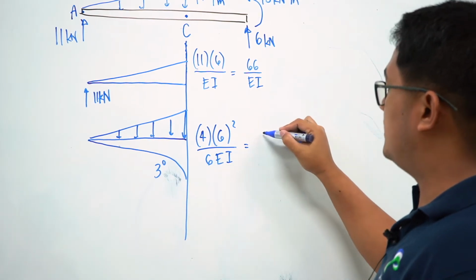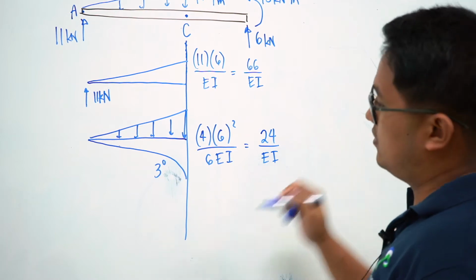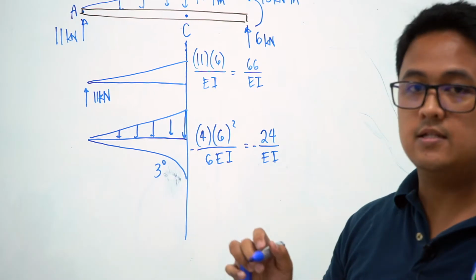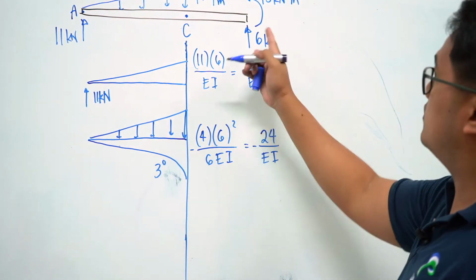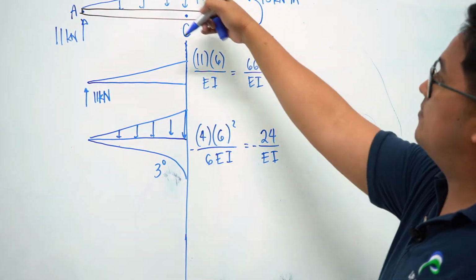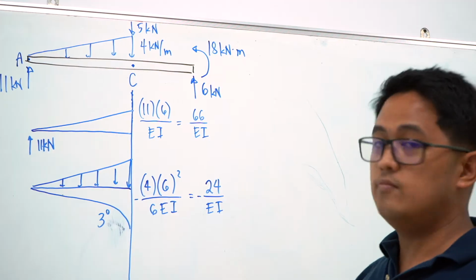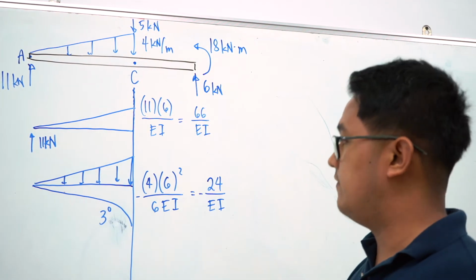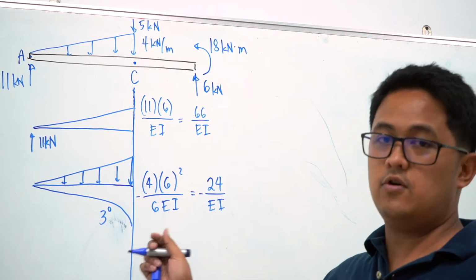So simplifying, this is 24 over EI, but take note that this will induce a negative moment. Okay? Now moving on to our two more loads. By the way, the 5 kilonewton force will not contribute a bending moment because the concentrated force acts on the reference section. So it doesn't have the length in the formula.